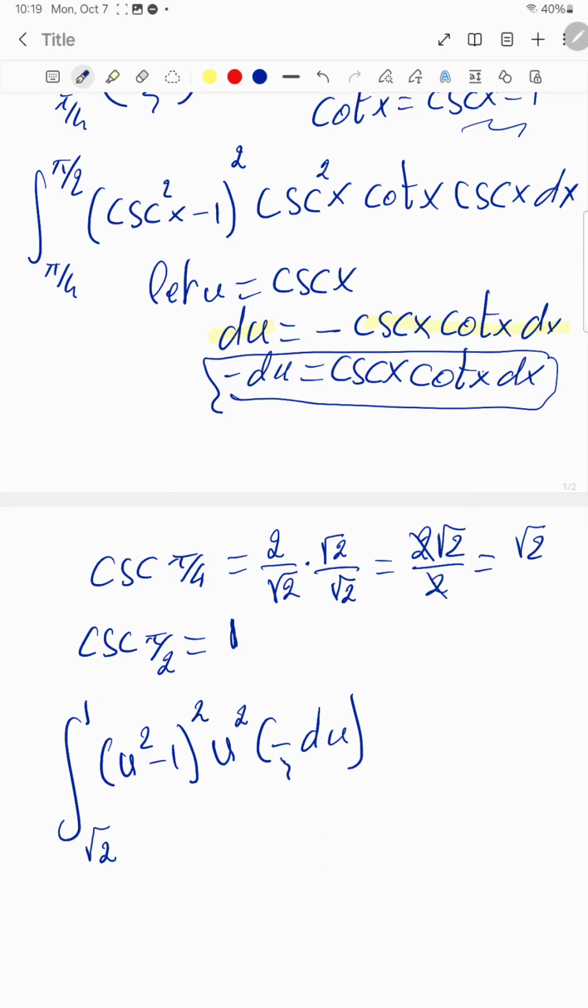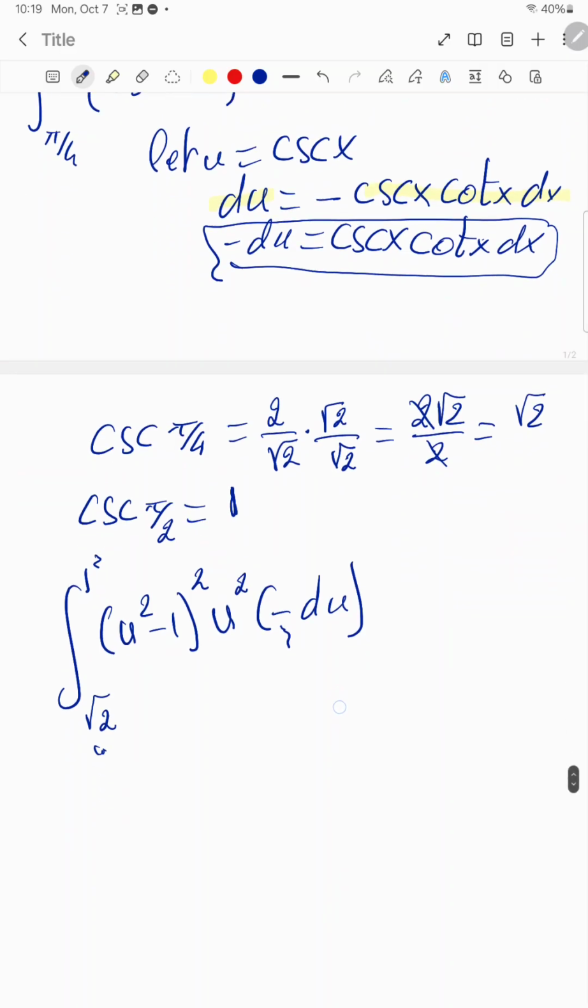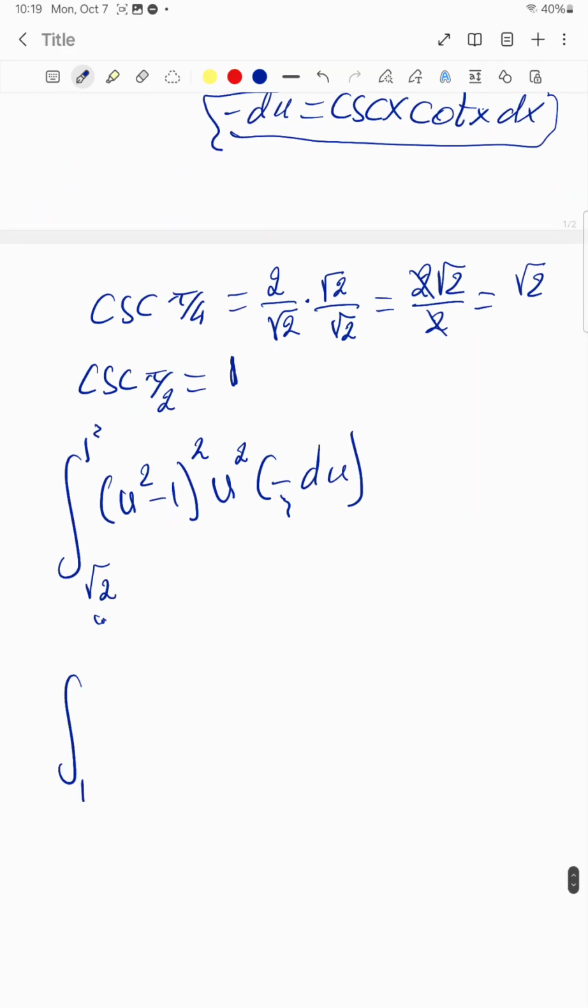I don't like the minus here, so all I have to do is flip the boundaries of my integral and get rid of the minus. So my integral becomes from 1 to square root of 2 of u squared minus 1 to the power of 2 times u squared du.